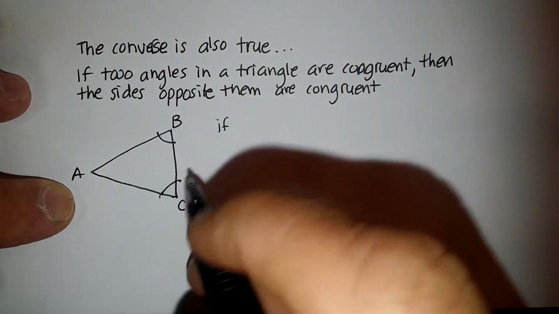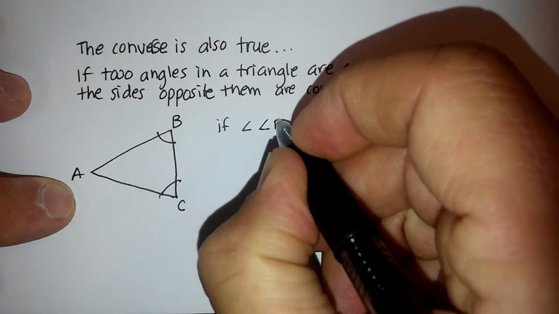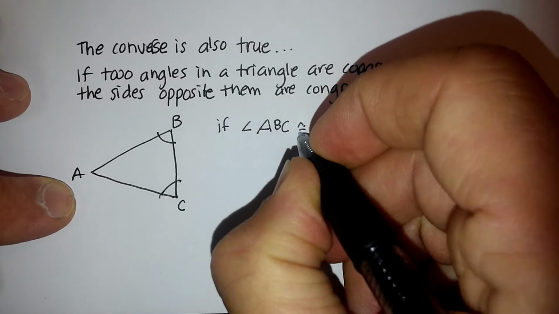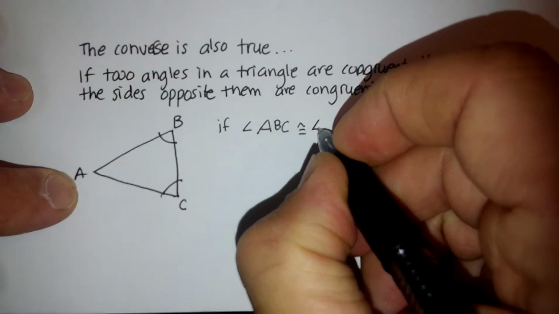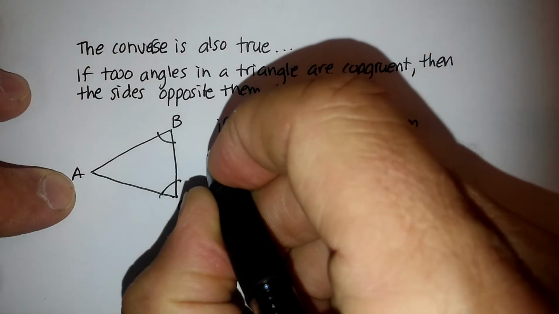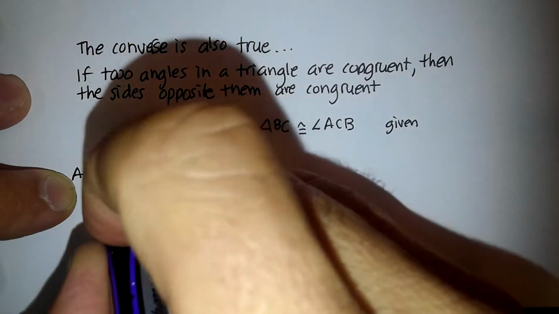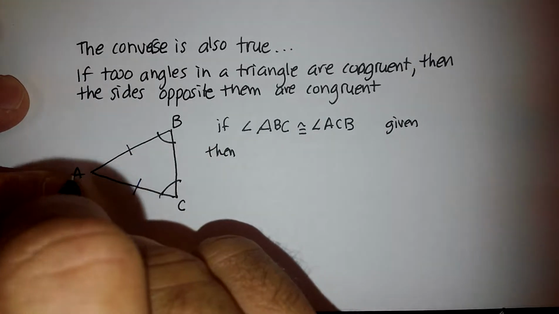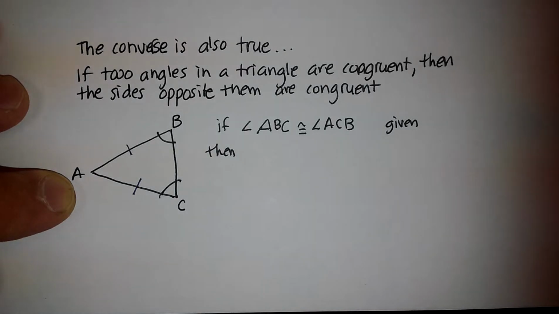In the same way down here, so if angle ABC is congruent to angle ACB, again, that's a given, then side or line segment AB is congruent to line segment AC or side AC.